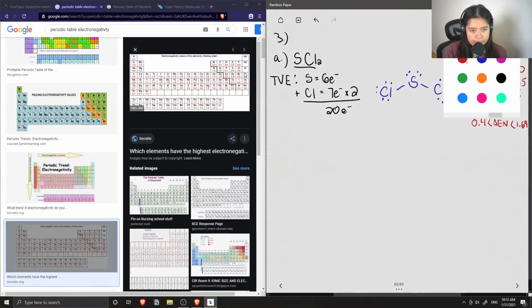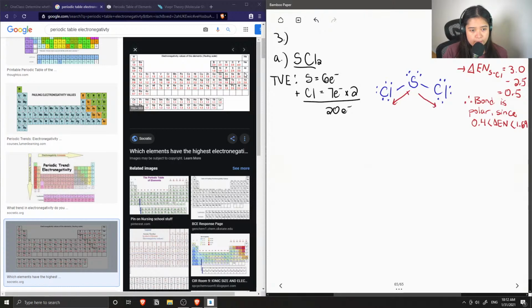Okay, so now that we know that the bond is polar, we can draw dipole moments going towards the direction of the chlorines. And you'll notice that the molecular structure of sulfur dichloride is bent.